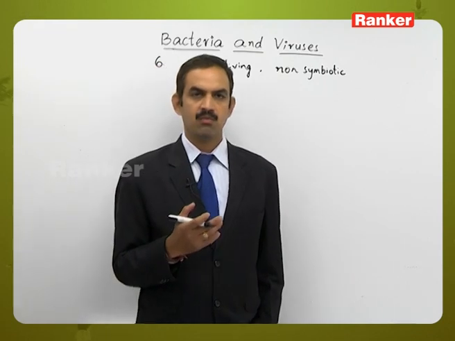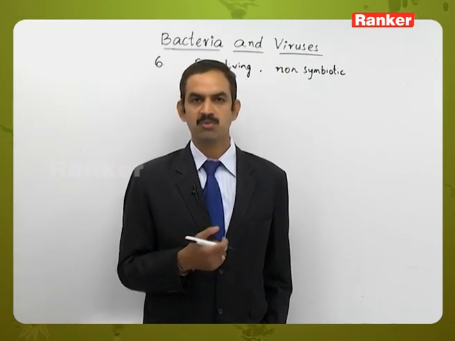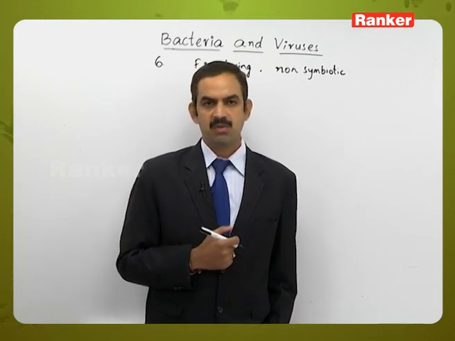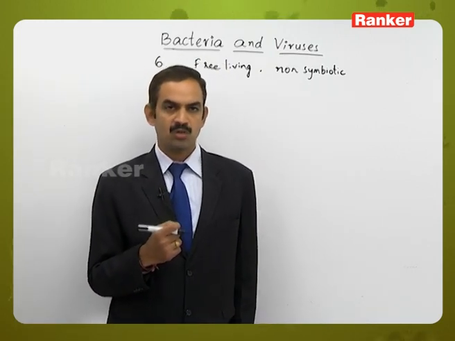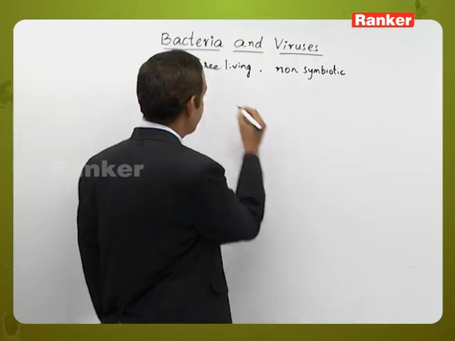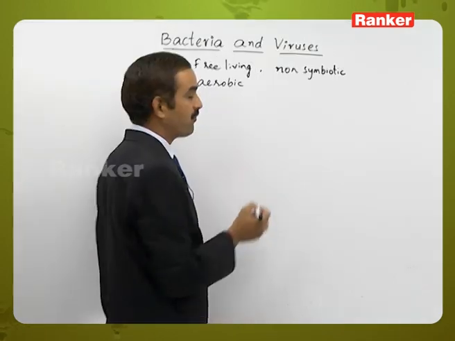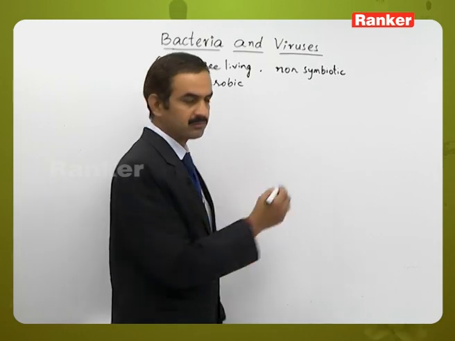The first organism benefits from the second one, and at the same time the second one benefits from the first one. That type of association we call symbiotic, and neither of them causes any harm to the other partner. And next one is aerobic. Aerobic means which will perform respiration in the presence of oxygen.